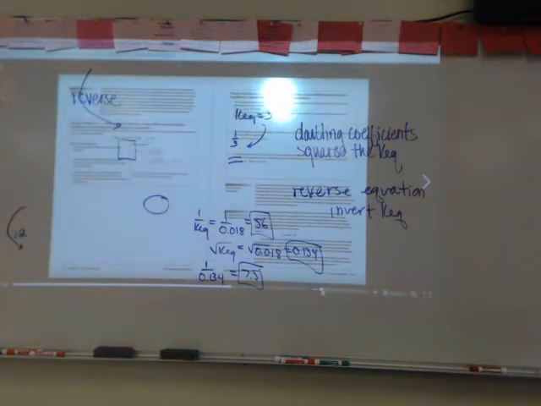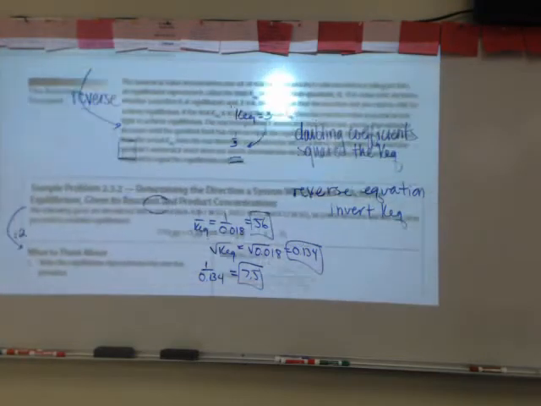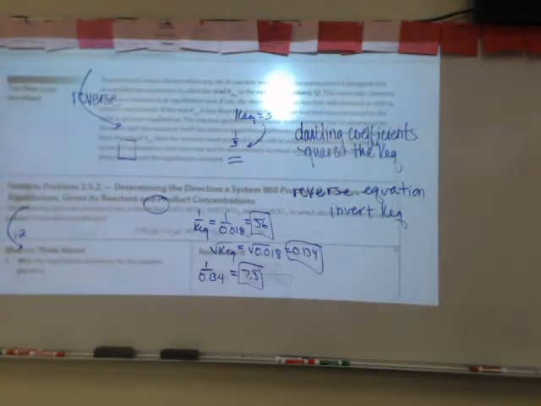Okay, on the next page, we talk about the reaction quotient.